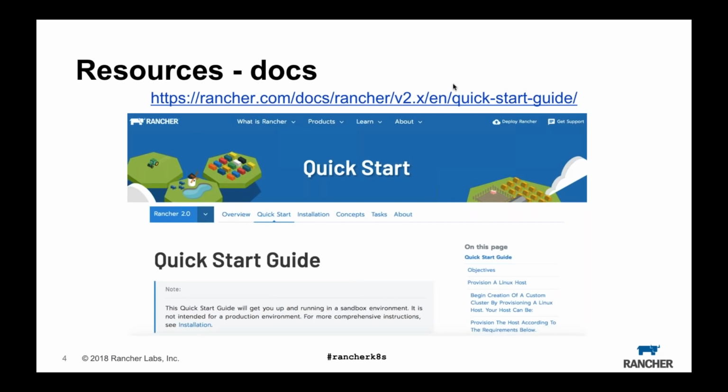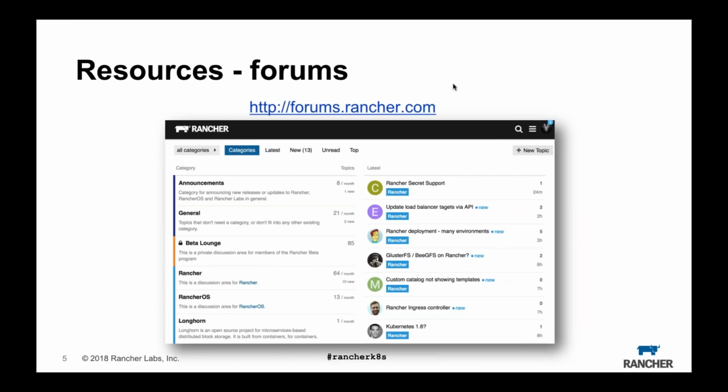These slides will be sent out after the training, so you don't have to copy down the link right now. You can also easily access these docs from the main page of our website. For further resources, if you have additional questions, there's forums.rancher.com. Probably should have our Slack channel here as well. Our Slack is also really active, so both of these resources are great for additional questions and exploration to see what other people are doing with Rancher.